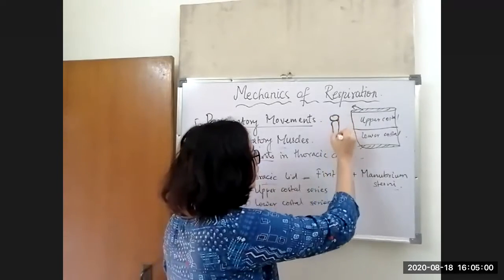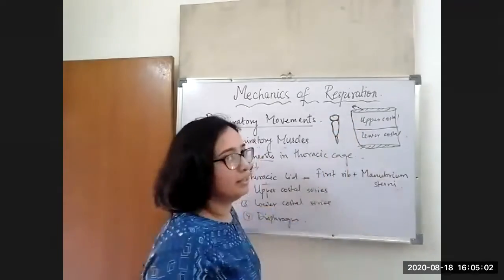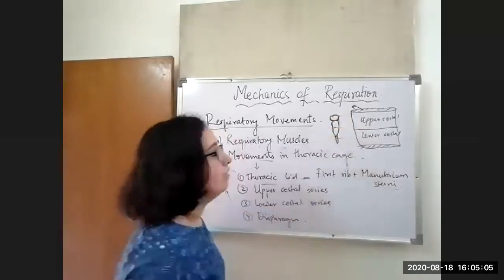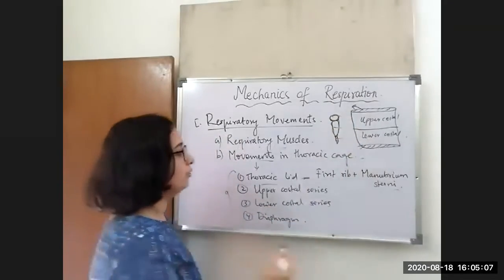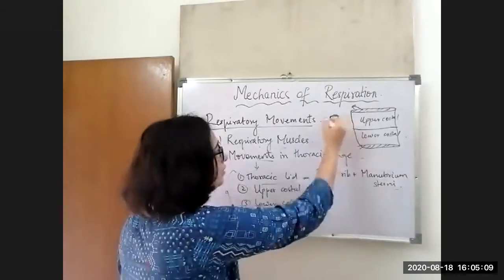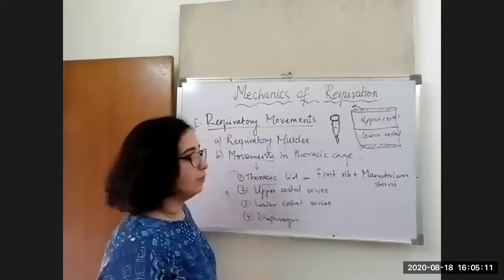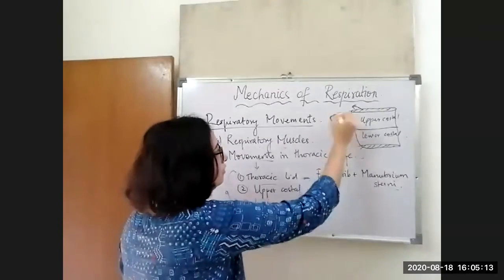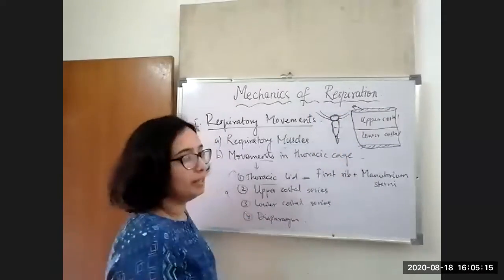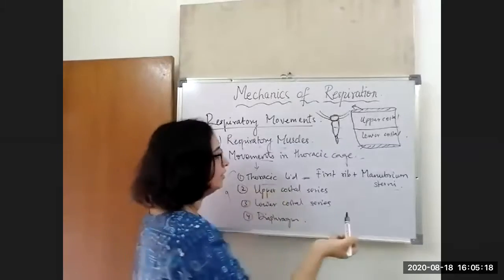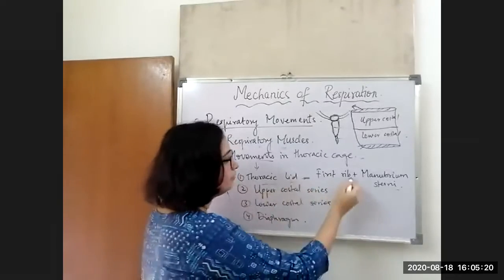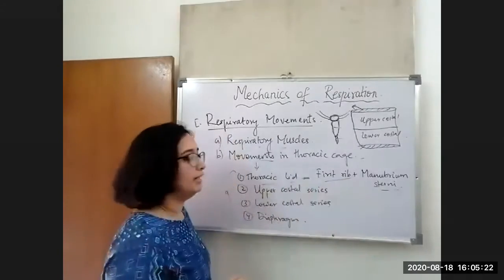Then this is your body, and this is the xiphoid process. So we have three parts in the sternum. So this part is your manubrium sterni. Okay, it is attached on both sides with the ribs. So this thoracic lid, what is that? It is your first rib plus manubrium sterni.